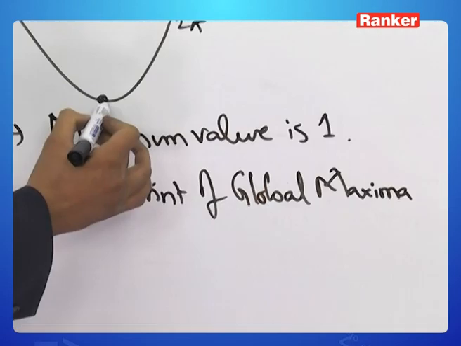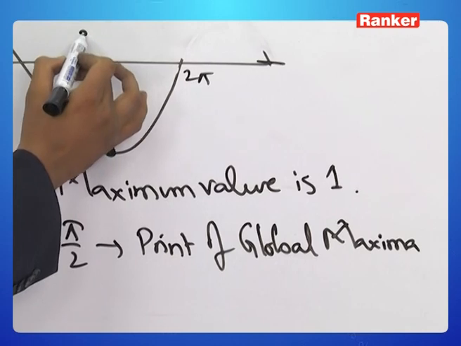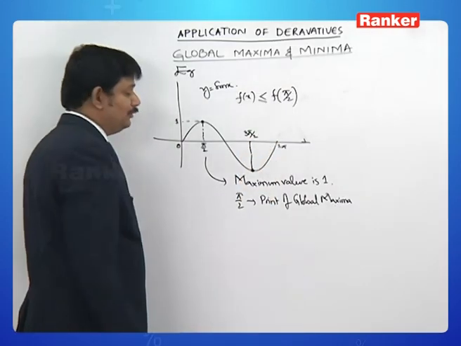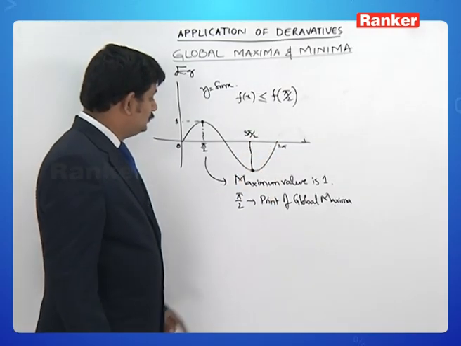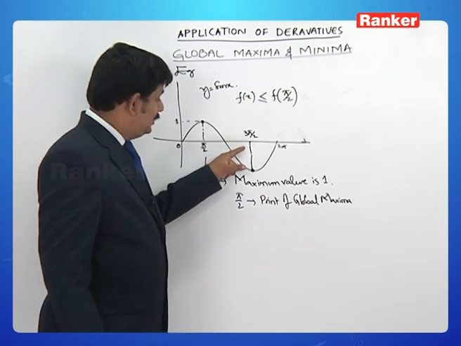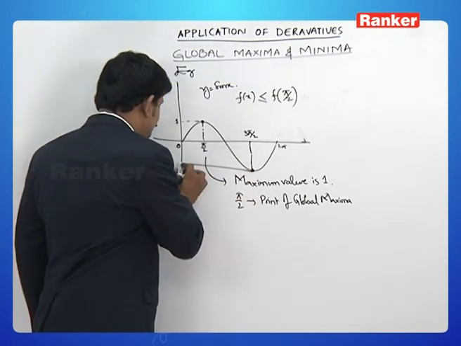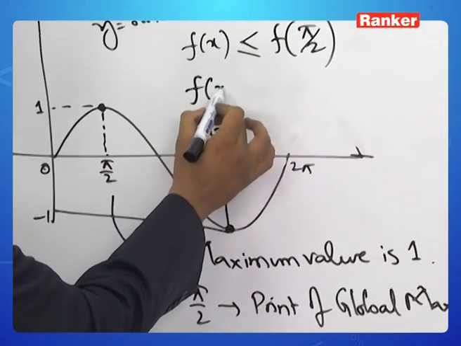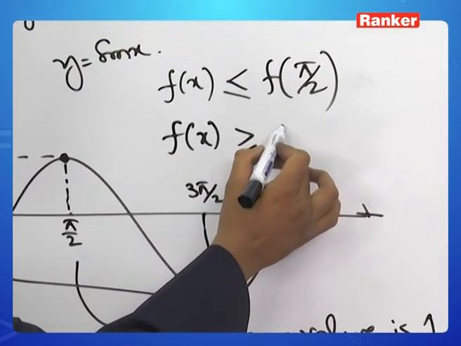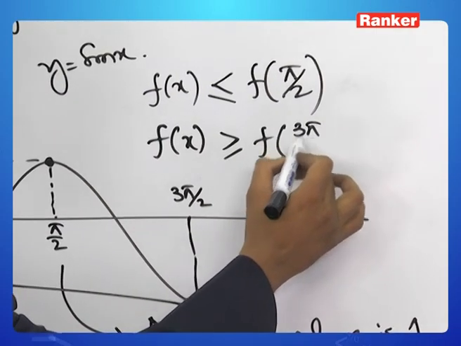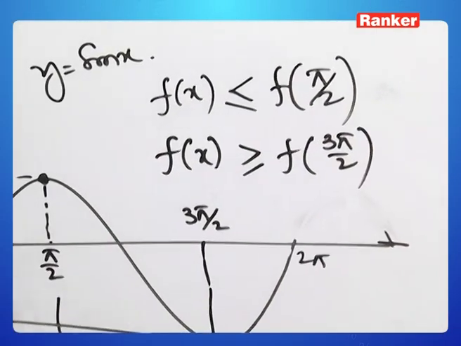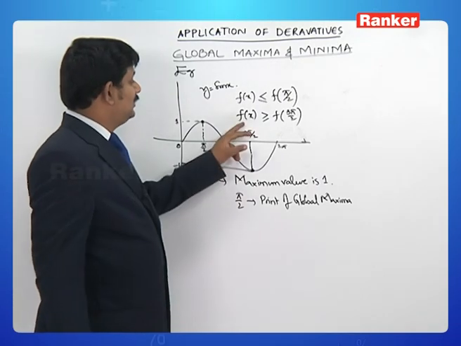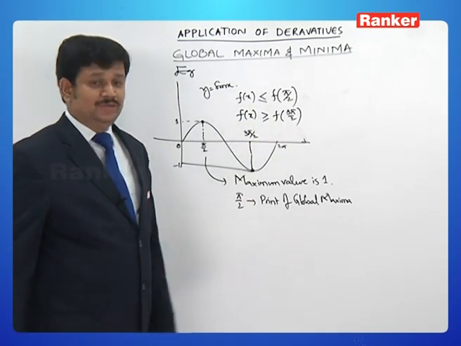Similarly, if you look at the function value at 3 pi by 2, we know it is minus 1, and f of x is always greater than or equal to minus 1, which is f of 3 pi by 2. So, for all x belonging to 0 to 2 pi, we can say f of x is greater than or equal to f of 3 pi by 2.